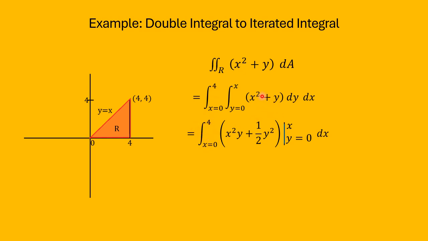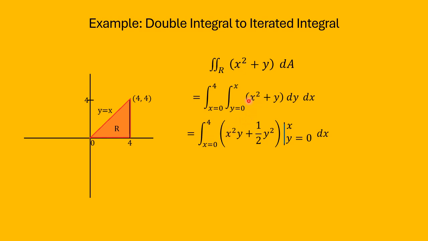Now, using the fundamental theorem of calculus for this integral with respect to y, if we anti-differentiate x squared with respect to y, that's just x squared y. The integral of a constant with respect to y is just that constant times y, and x squared here is playing the role of a constant factor.